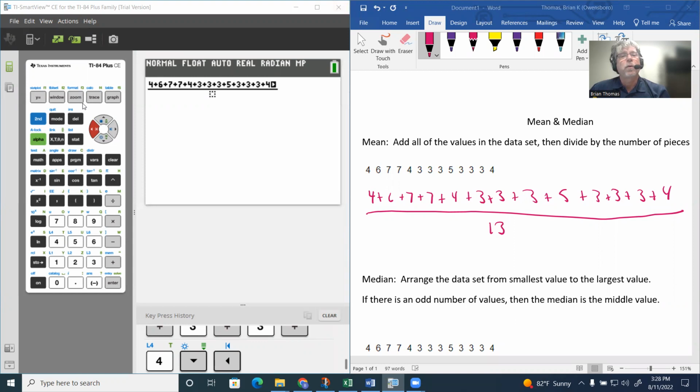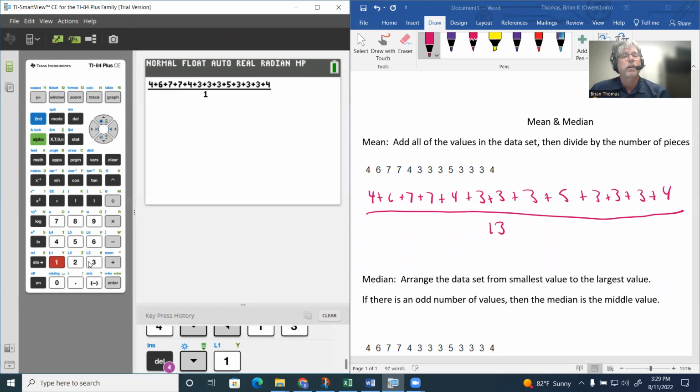As I move forward, once I have all the data typed in, I can now divide by 13. Oops, I didn't move down. Let me see if my delete button will take me out of here. Hit the back button or delete. Looks like that's correct now. So if I move with the down arrow, that puts me down at the bottom.